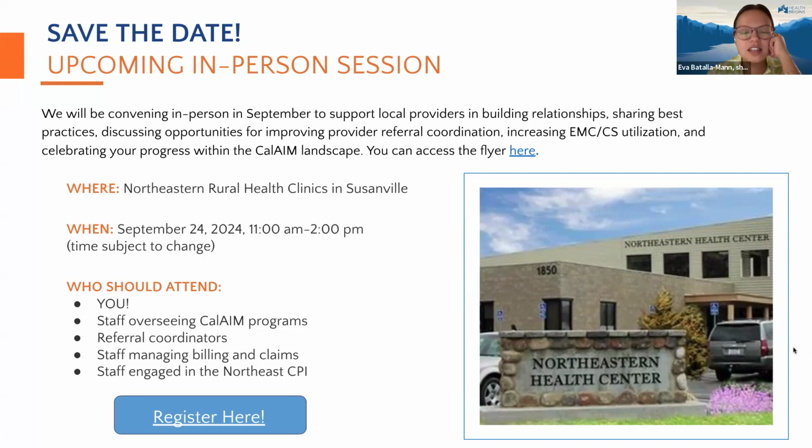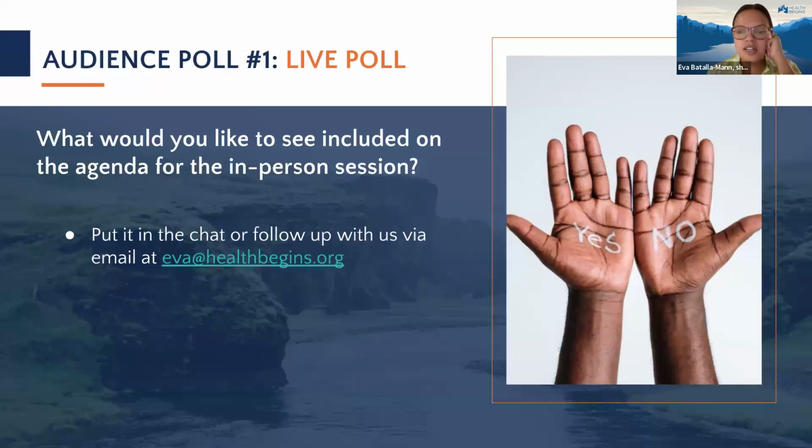And then related to the in-person session, next slide, please. We're starting to draft the agenda for that session, and we would really love to hear from you about what you would like to see included on the agenda. We want to make this session as helpful and valuable as possible for you all. So if anything comes to mind right now, please stick it in the chat.